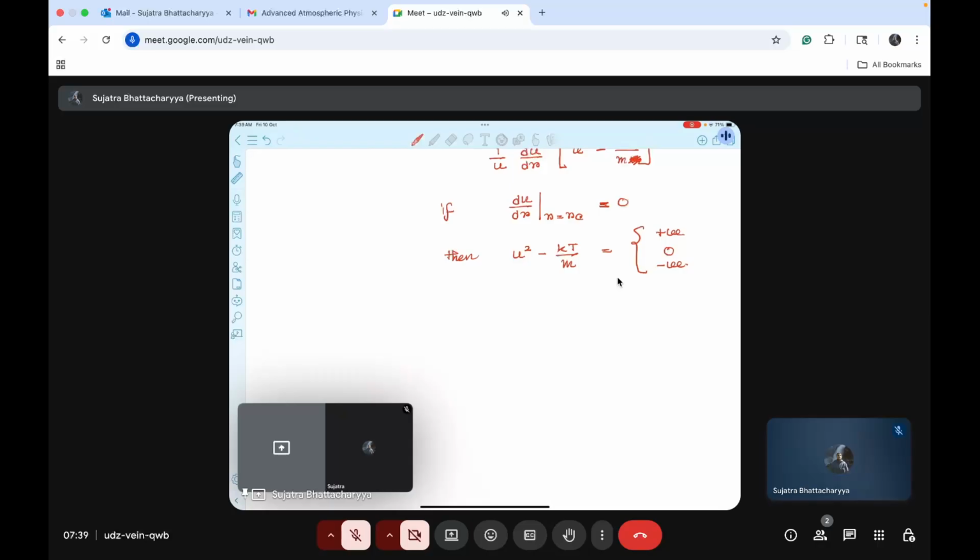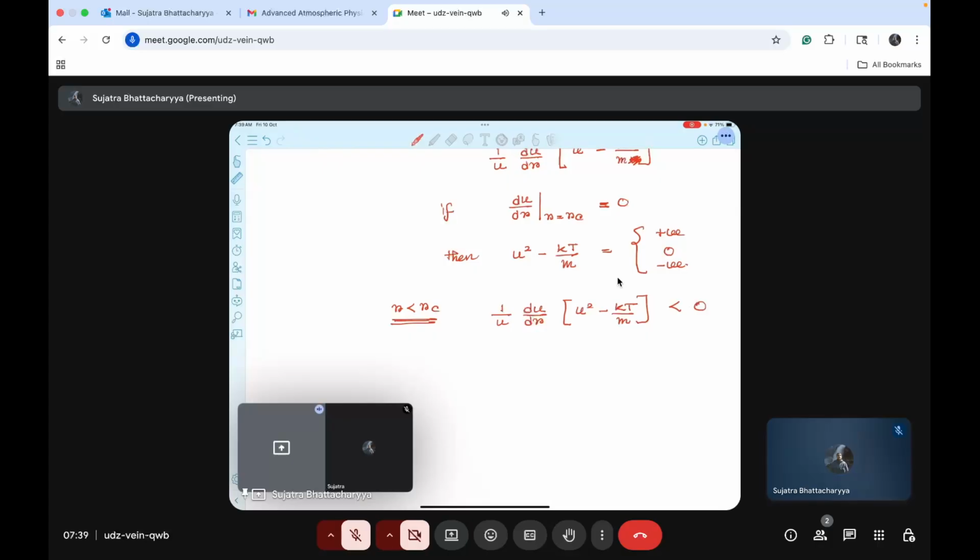Okay, let's say r is less than rc, which is well within the vicinity of the sun, so gravity will dominate. So 1/u du/dr and U square minus kT by m, what will happen? This will be less than 0 because gravity's effect dominates, right?